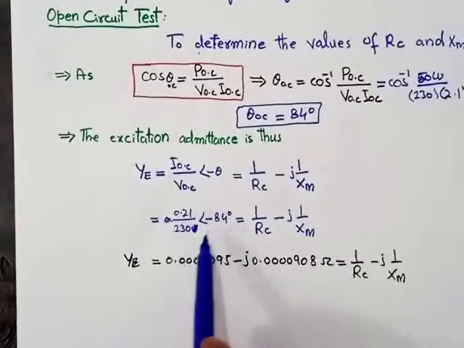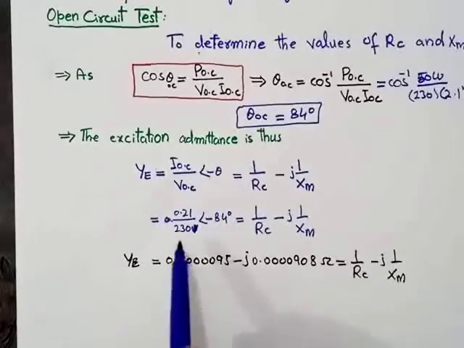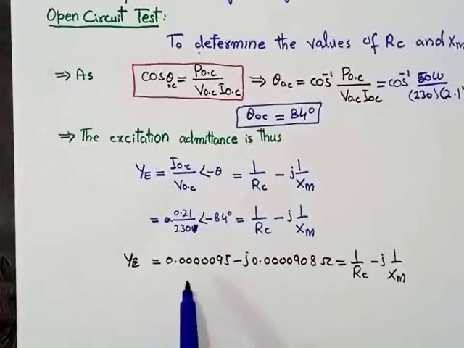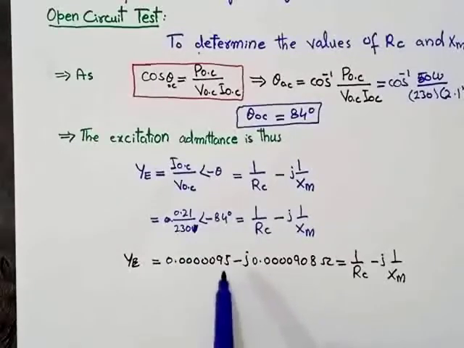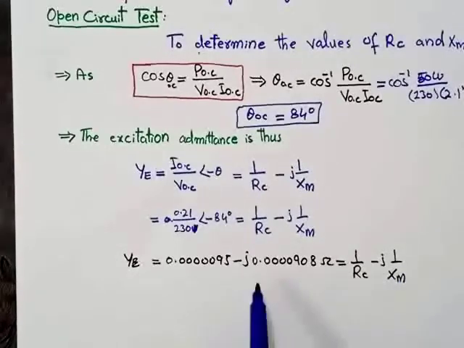So this is the polar form. We can convert this polar form into rectangular form. So this is the rectangular form of the given polar form. I just convert the polar form into rectangular form, which is equal to 1 over RC minus J 1 over XM. So to find the value of RC and XM, we just compare these two equations.